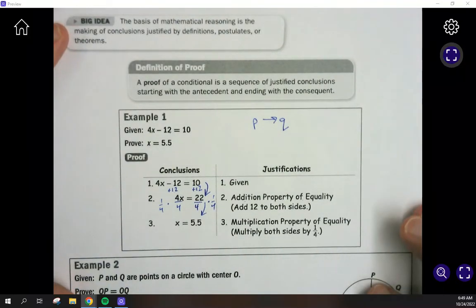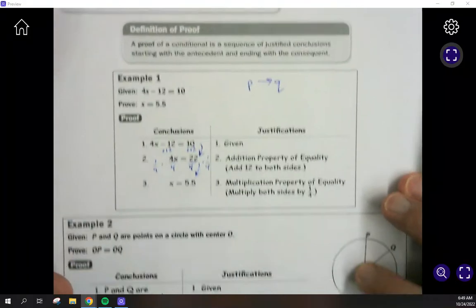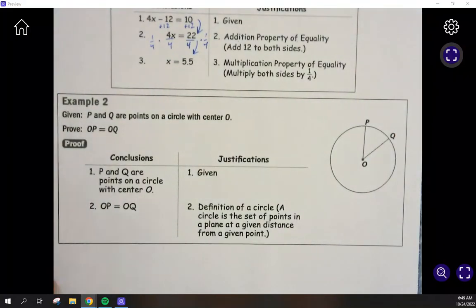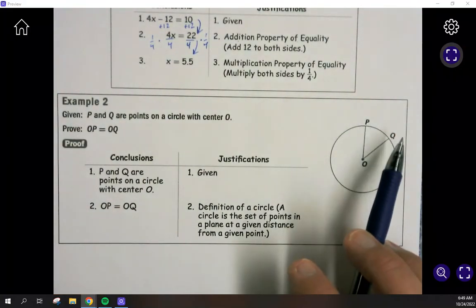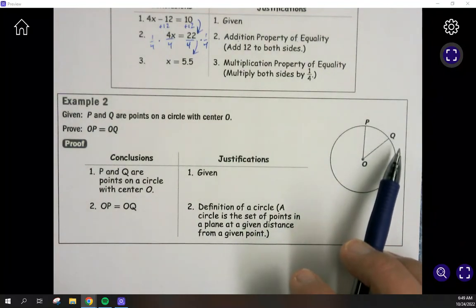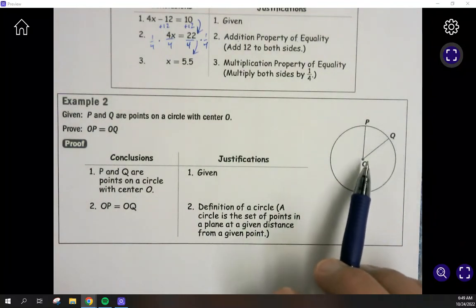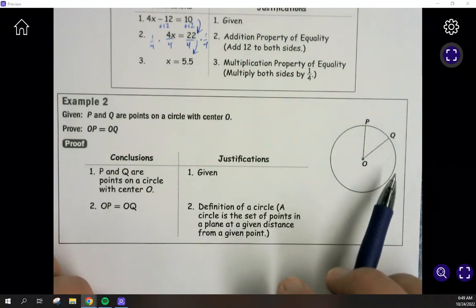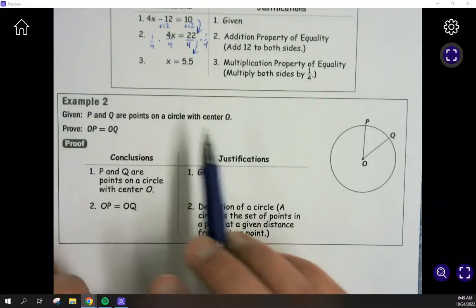Let's take a look at one that is a little more specific to geometry. So example number 2, P and Q are points on a circle with center O. So we know that P and Q are actually on the outside of the circle when it says on the circle.